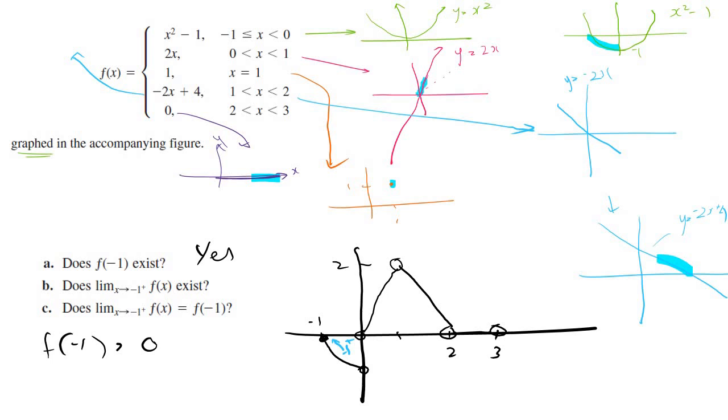From the positive direction, it exists, yes, and it is equal to 0. Then minus 1 from the negative direction equals 0, it is yes, because this is equal to this, and then we have this equal to this, and we see they are both zeros, so that is true, they are both zeros. Let's look at the next question.